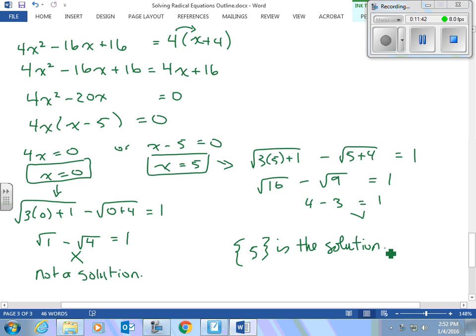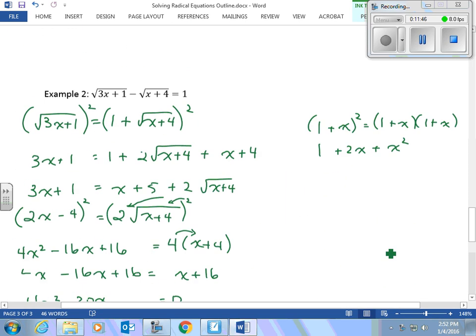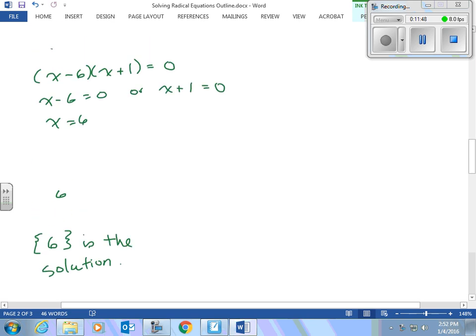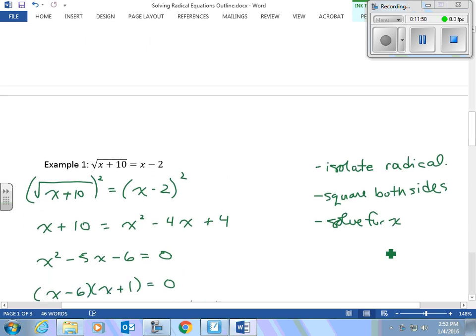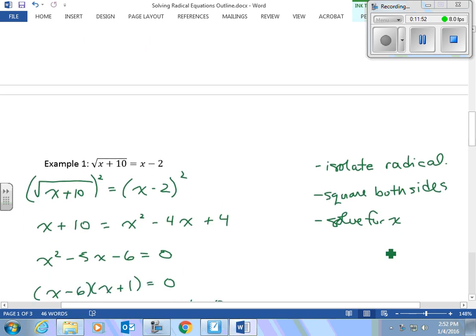So lots of steps to remember here, but they basically boil down to, and I'm just going to scroll back to the earlier page here, isolate the radical, square both sides, solve for x or simplify.